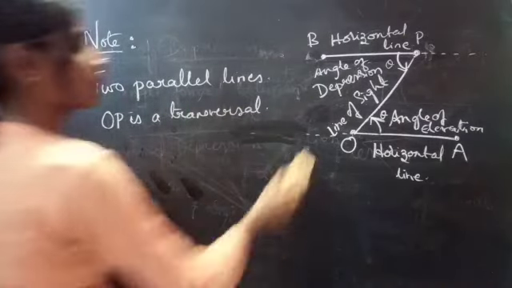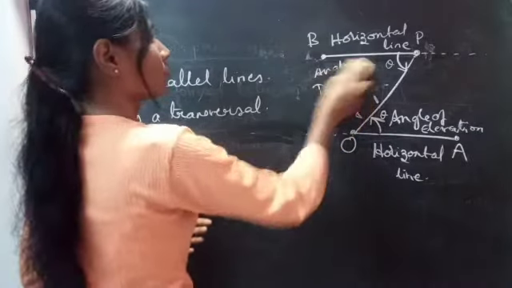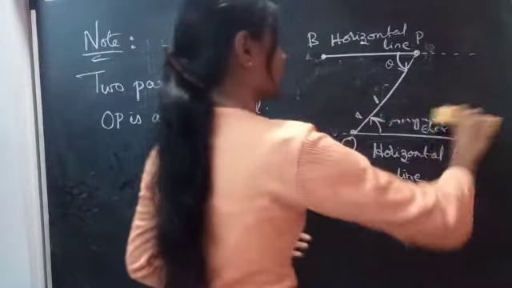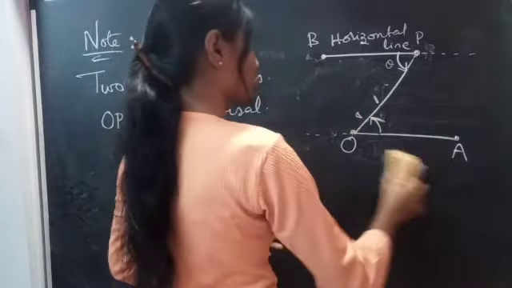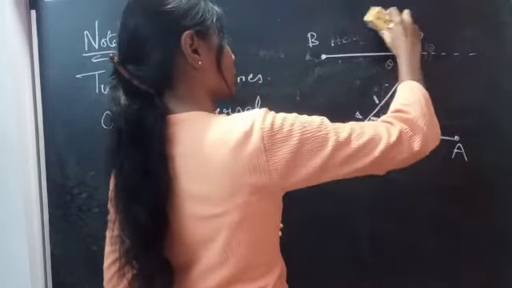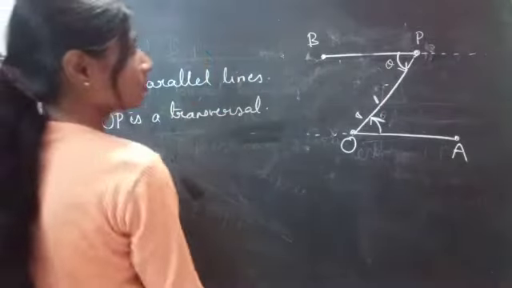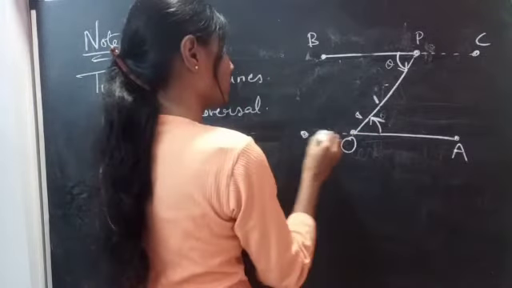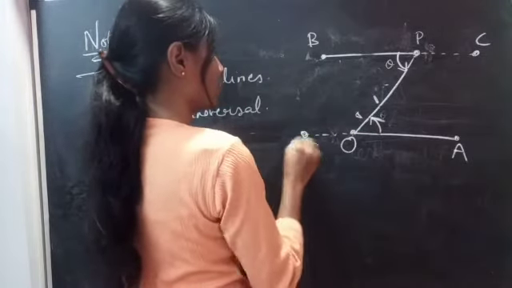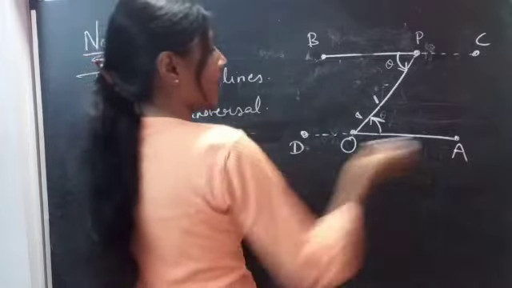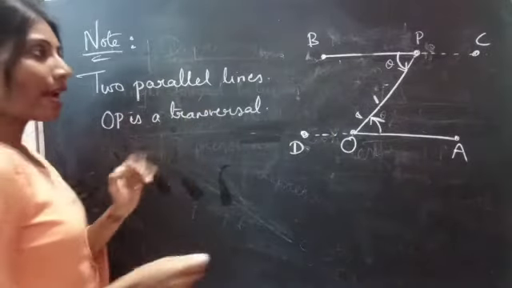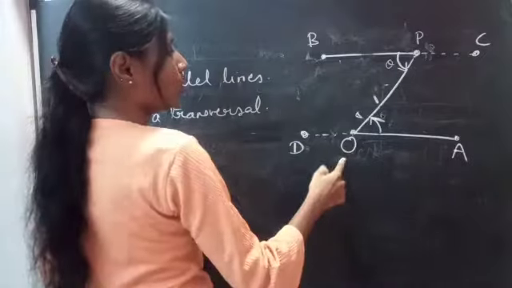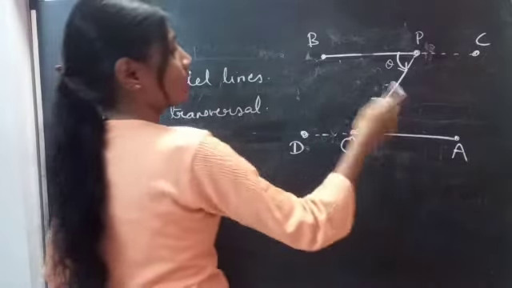So BC and AD are two parallel lines and PO is a transversal.